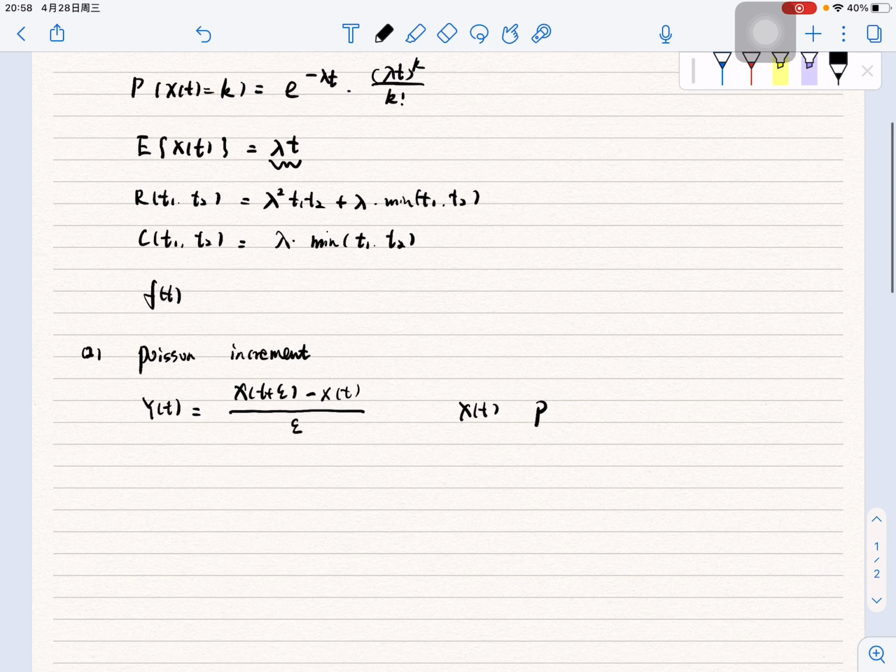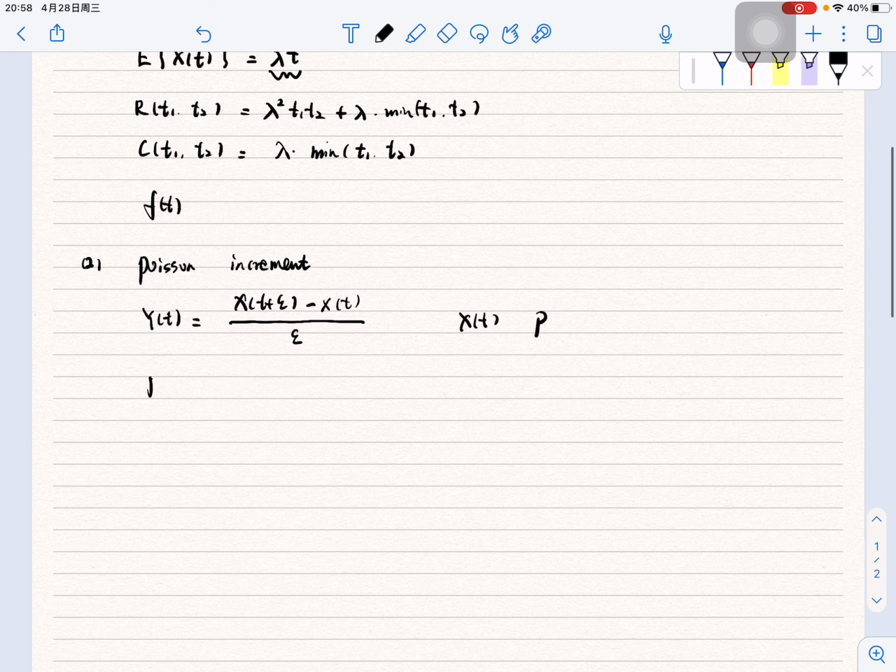So the first order probability: Y(t) equals n over epsilon equals e to the minus lambda epsilon, multiplied by (lambda epsilon) to the n over n factorial. The mean, the expectation of Y(t), equals lambda.